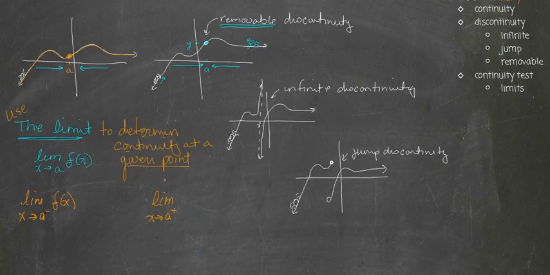If it's from the left, meaning you move from the negative side, and then you move from the positive side, that would be from the right. And if it exists at f of a.